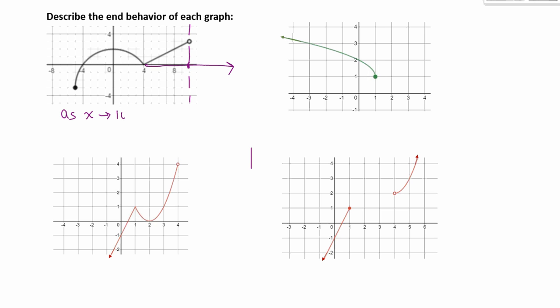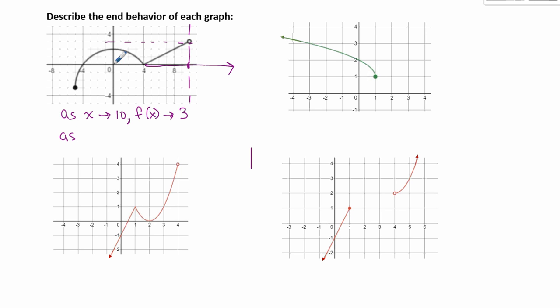So I would say as x goes to 10, f of x goes to this value. It stops right here. So it goes to 3.